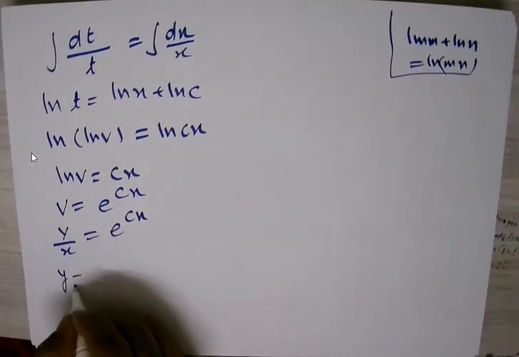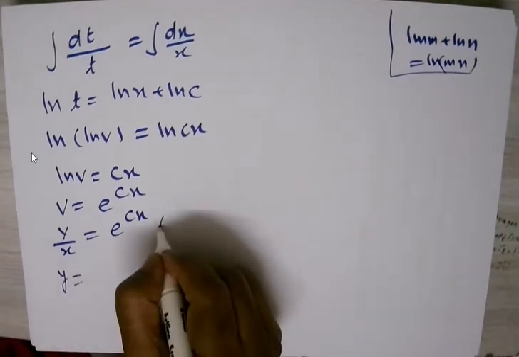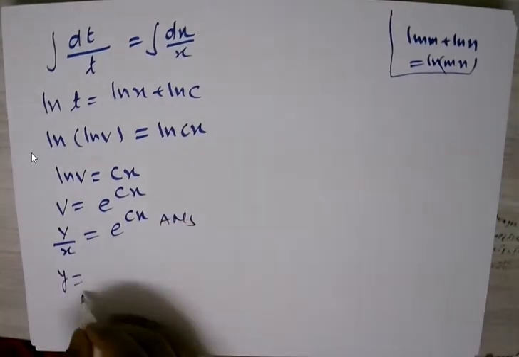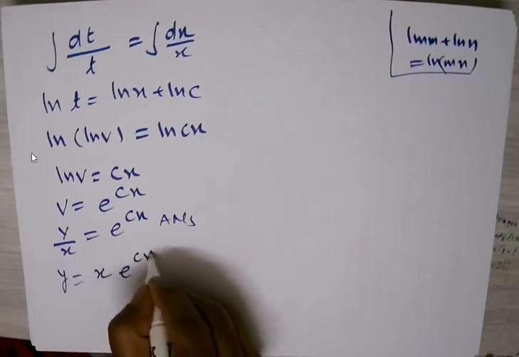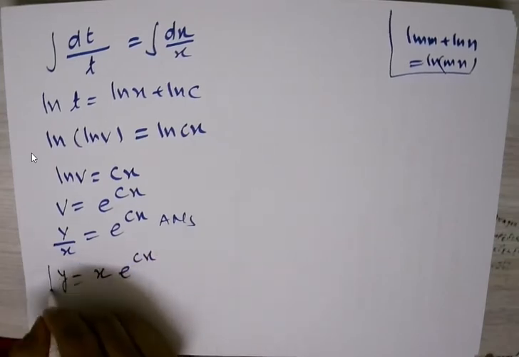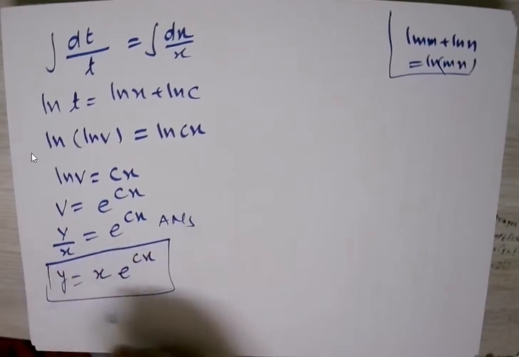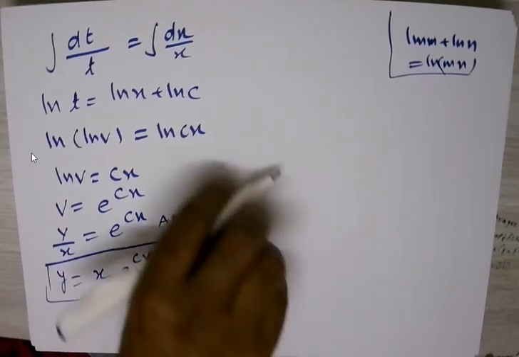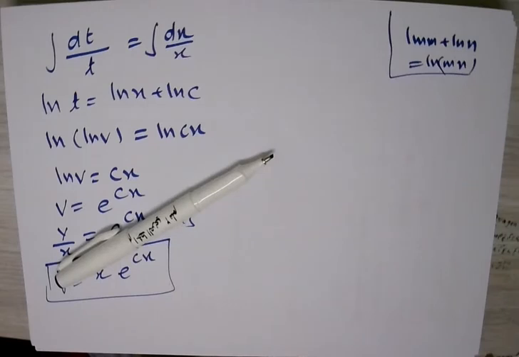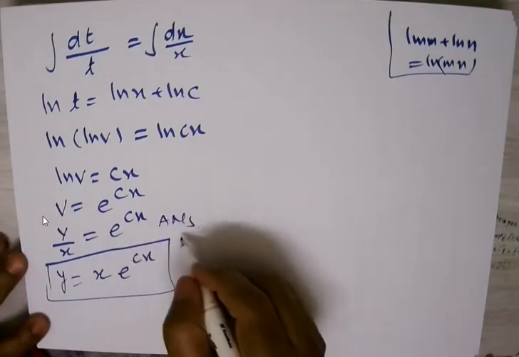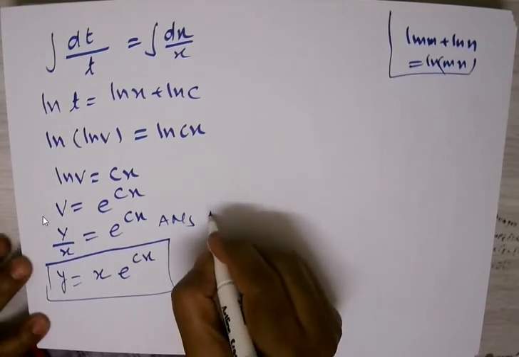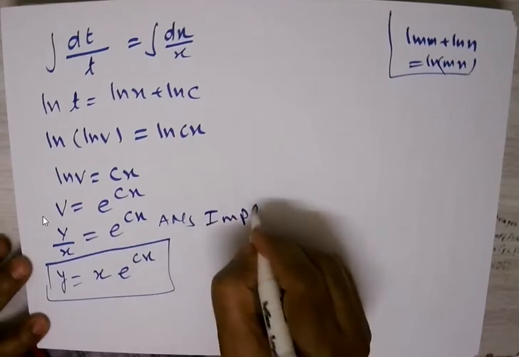Or we can write y is equal to x times e power cx. This is the general solution. If you write it like that, it is also called the general solution, but that form is known as an implicit solution.